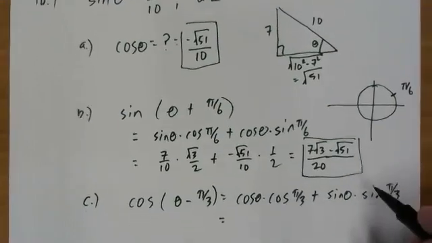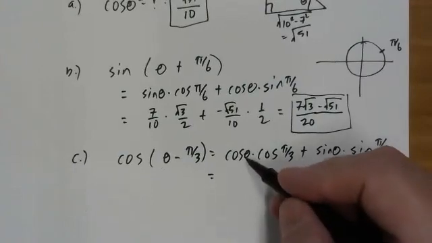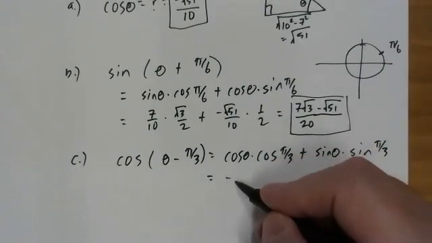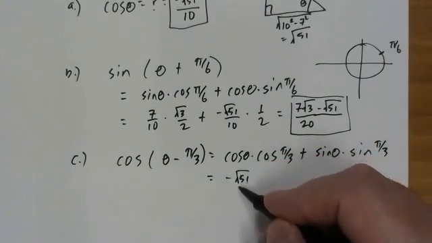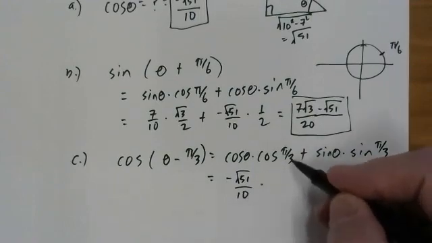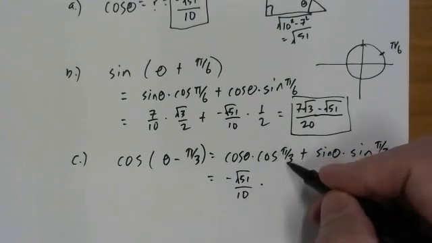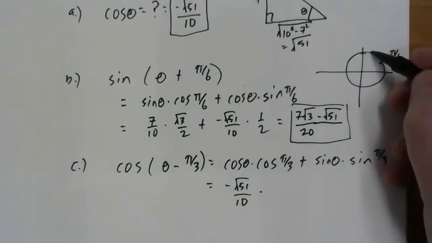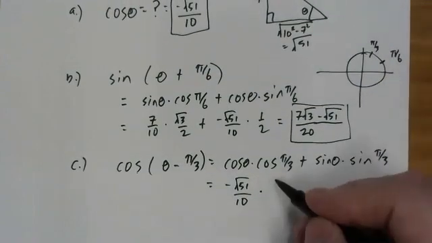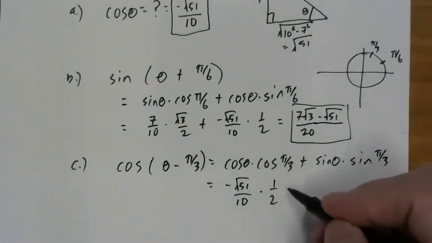So now just plug in all the numbers. Cosine of theta is negative square root of 51 over 10. Cosine of pi over 3. Pi over 3 is right up here, right? Cosine is just 1/2.